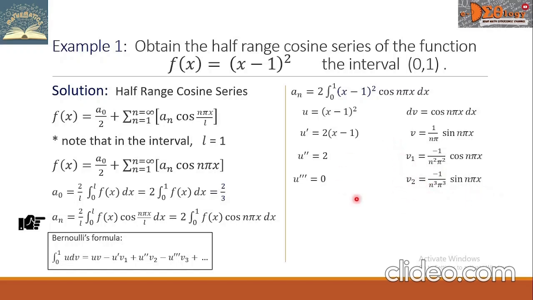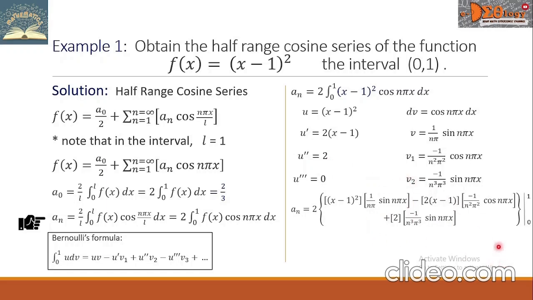Then we substitute the corresponding values to our a sub n. So we have 2 times this first pair of factors, which is u times v, minus the second pair of factors, which is u prime times v sub 1, plus the third pair of factors, which is u double prime times v sub 2.